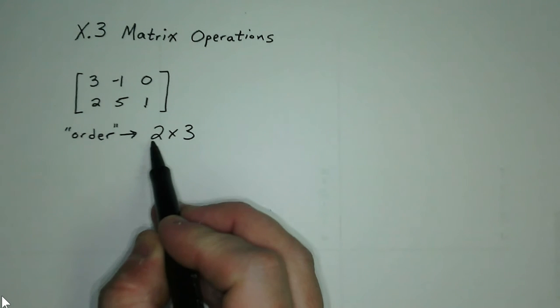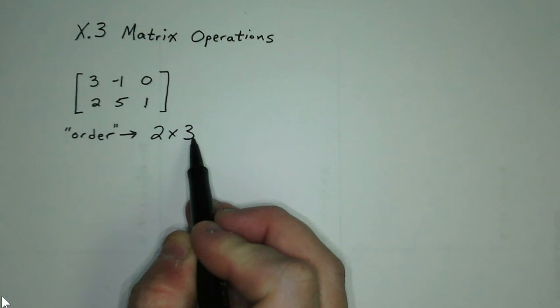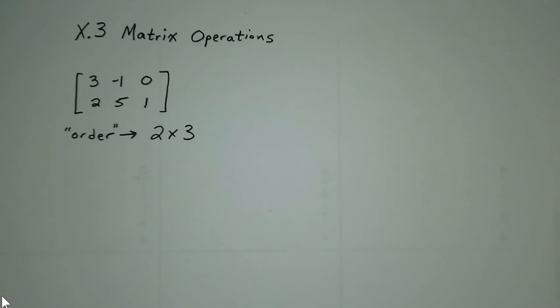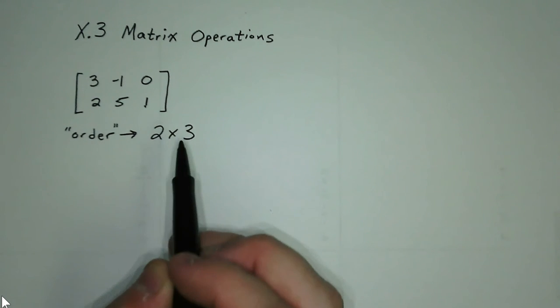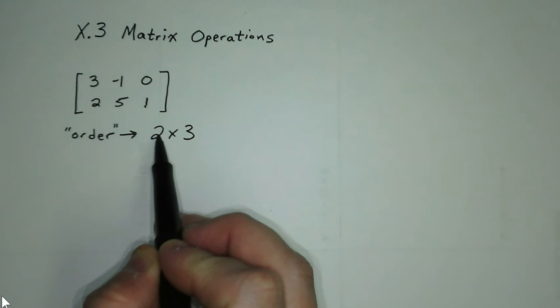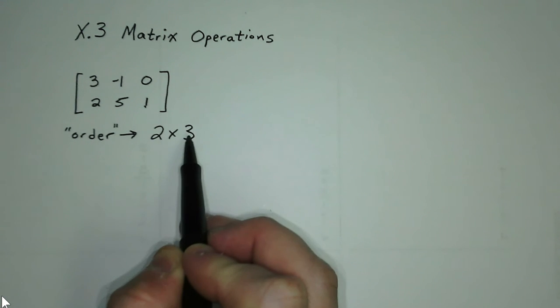Number of rows, number of columns, makes you think of a rectangle that's a 5-inch by 8-inch rectangle, or a 2 by 4 piece of lumber, an area from geometry sort of feel. But this is just the number of rows by the number of columns.